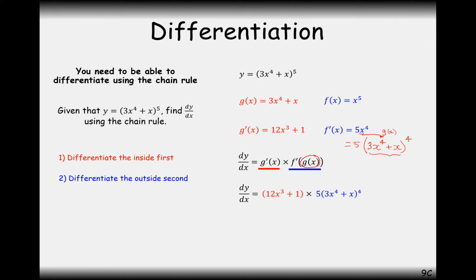So it then becomes 5 brackets 3x to the 4 plus x, all to the power of 4. And tidying this all up together, we're going to get 5 brackets 12x cubed plus 1, close brackets, bracket 3x to the 4 plus x to the power of 4.